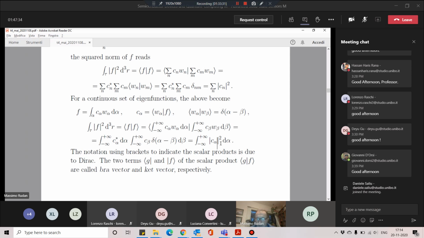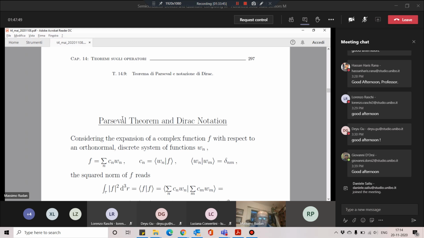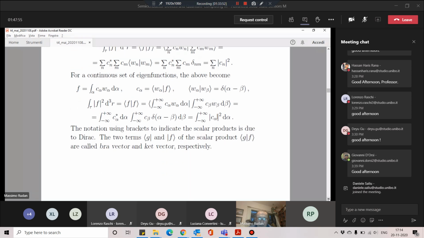Okay, so this result, in which we have demonstrated that the norm of a function is equal to the norm of the coefficients, is called the Parseval theorem. Parseval. And we conclude this page by giving some names. When we have a scalar product, you remember the similarity of the scalar product of two functions with the scalar product of two vectors.